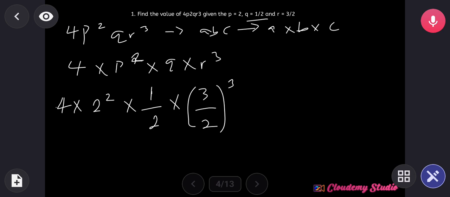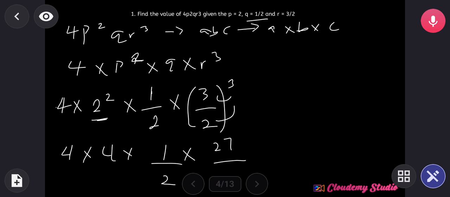Now, what is my 2 raised to power 2? That is 4. That is 4 multiplied by 4 multiplied by 1 over 2, then multiplied by 3 raised to power 3, which equals 27, divided by 2 raised to power 3, which equals 8, because 2 raised to power 3 is 2 times 2 times 2. 3 raised to power 3 equals 3 times 3 times 3, and that will give us 27 divided by 8.